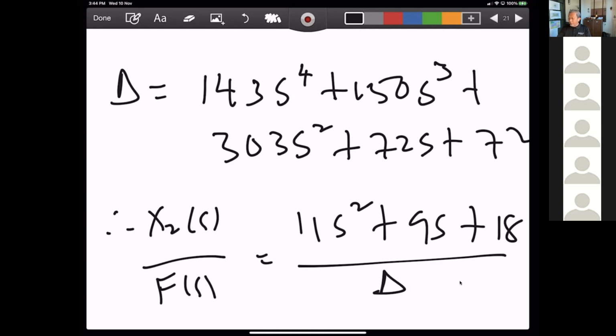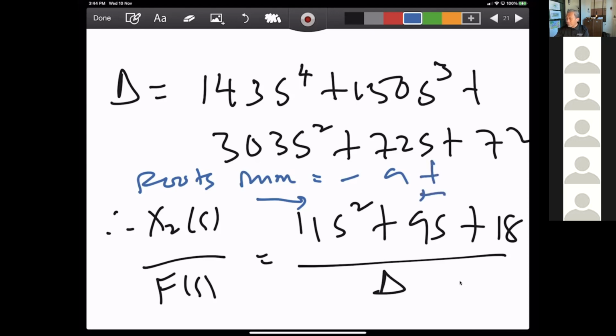So can I have the roots for this, Balkis? Roots for numerator? Wait, doctor, let me use the calculator. Negative 9 plus 3, there is an imaginary number.